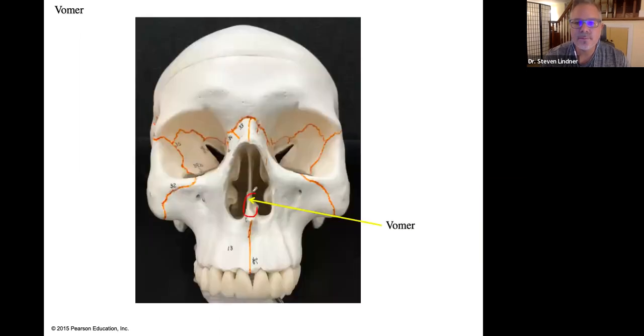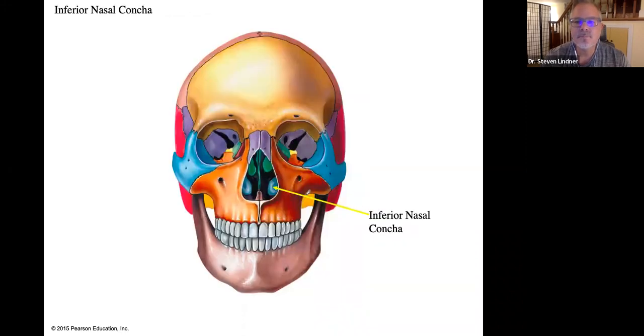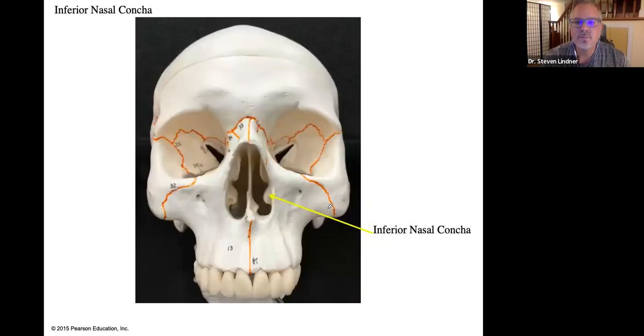Again, vomer, perpendicular plate, middle concha, inferior concha. This is the inferior meatus, middle meatus. Inferior nasal concha.